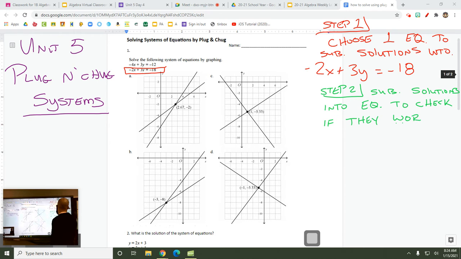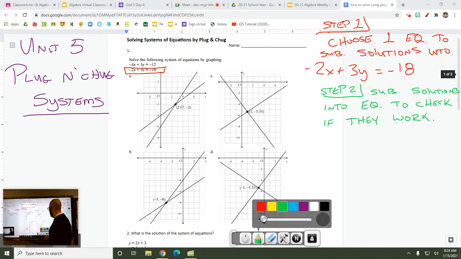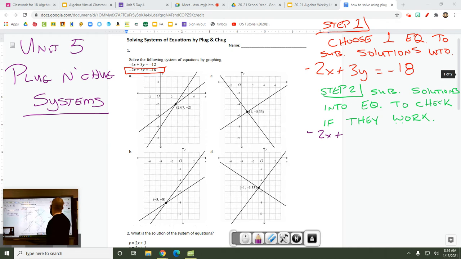All right, so we're just going to sub those in here. Okay, so we'll start with A. 2.67 and -2. So if I take my equation here, we have -2x plus 3y equals -18. And we're going to sub those in.